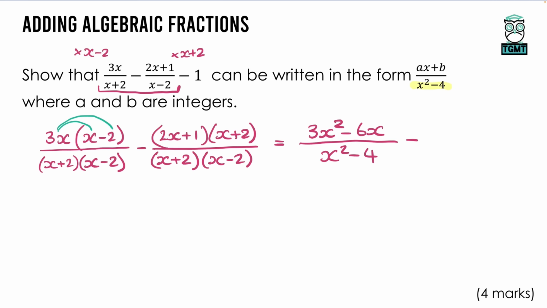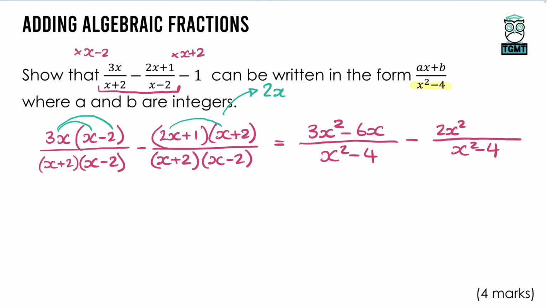Our next one, we already have the denominator, so we can write the x squared minus 4 on the bottom. We just need to expand these double brackets. So 2x times x gives us 2x squared. And to save myself too much working out here, I'd probably expand this just to the side so that I can tidy it up and put it straight on the numerator, so I don't have to keep writing this out.